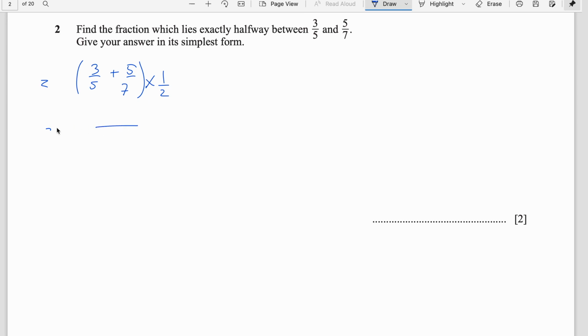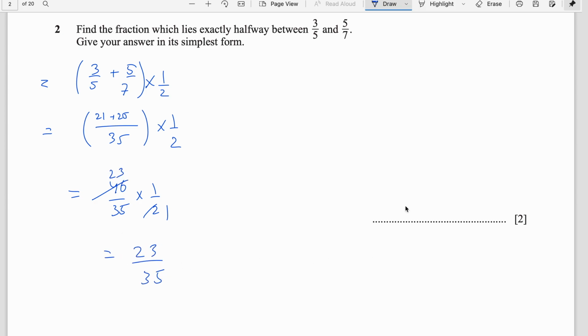LCM of 5 and 7 is 35. 7 times 3 is 21, 5 times 5 is 25, times 1/2. 21 plus 25 is 46/35 times 1/2, 2 ones are 2, 23. So 23/35 is halfway between these two given fractions.